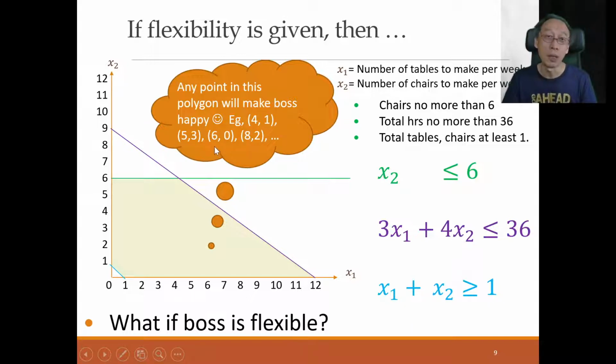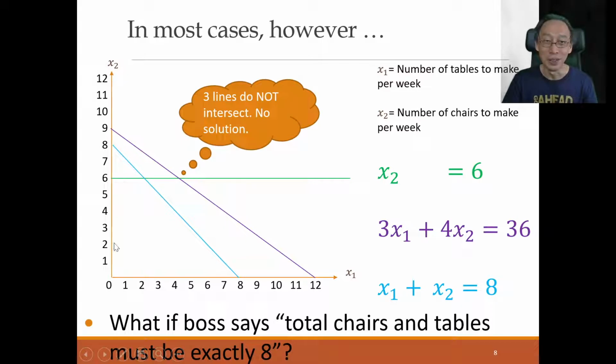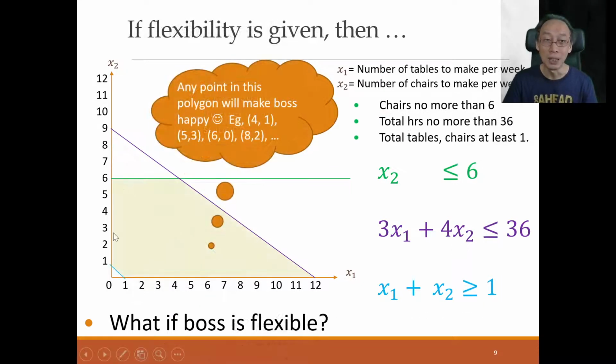And you can check manually again, any points like 5, 3, 6, 0, make 6 tables, no chairs, 8, 2, etc. So long as the points all lie within this polygon, and you can see this polygon is very related to the lines before, because when we shift this blue line down to 1 over here, you find that the lines actually draw out the outline, the border of this polygon, this solution space.